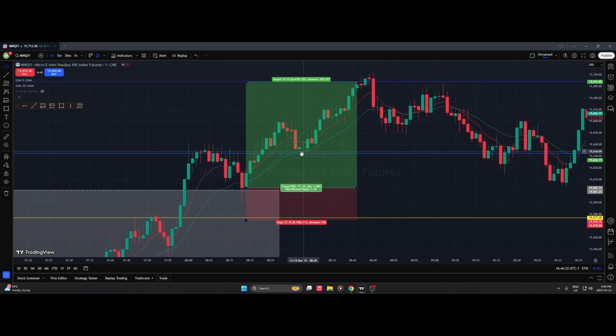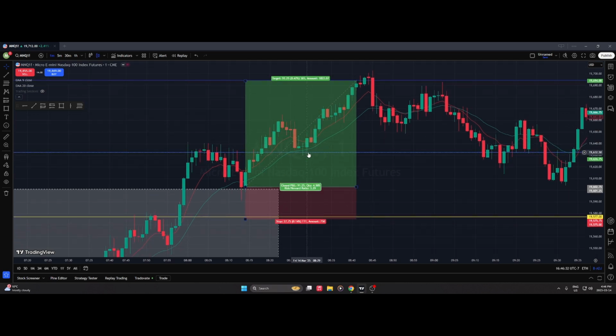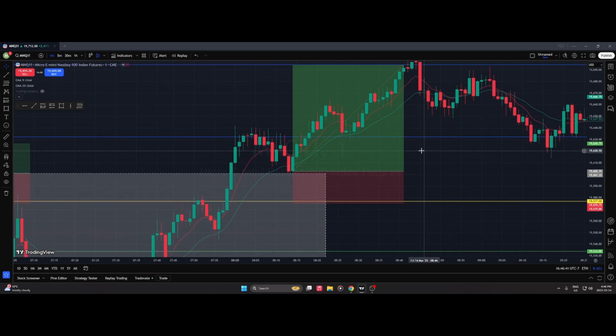This is another confluence as to why I thought we were going to sweep these Asian highs. And I was super confident in my analysis, because look how strong we wick off this London high right here. So we wick off, and then it takes a couple of minutes, but we ended up sweeping the Asian highs after a little bit.